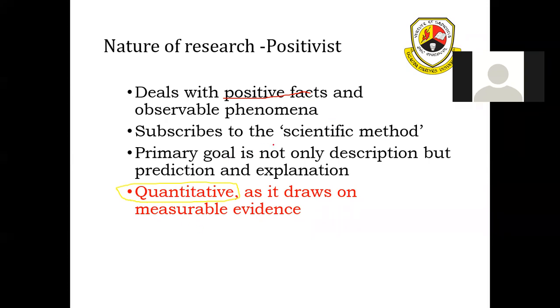Sometimes the argument is that this is the most scientific method. What do I mean? Science sometimes tends to look at things that are observable. Take an example. I see a chair before me, therefore that chair exists.